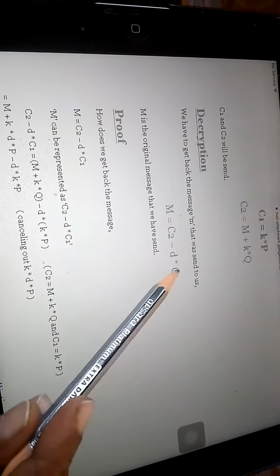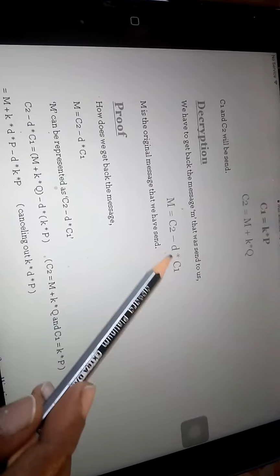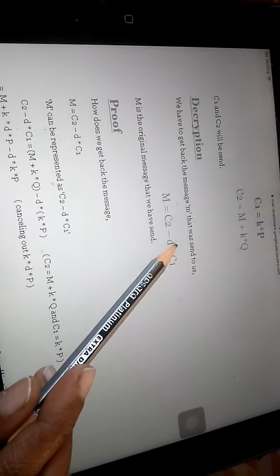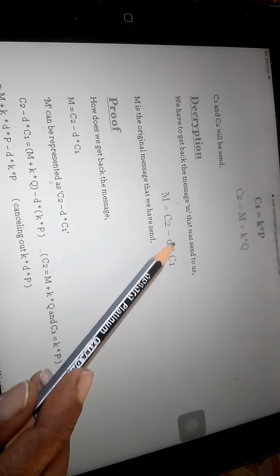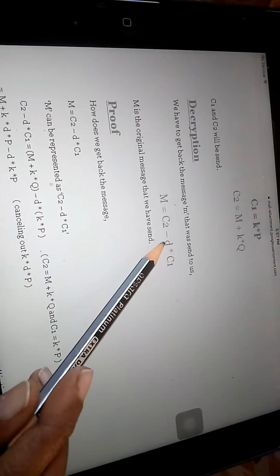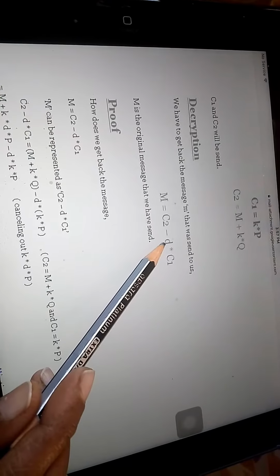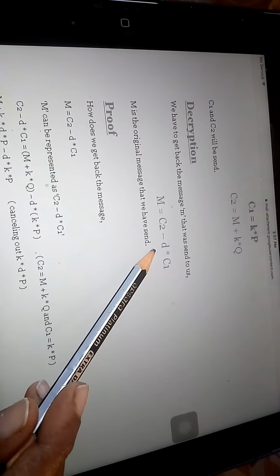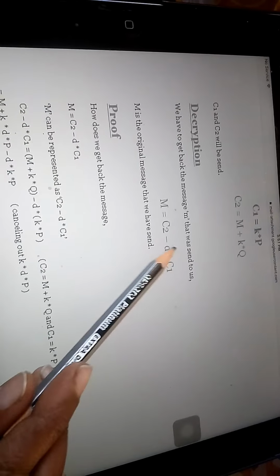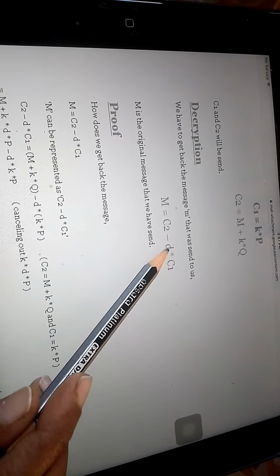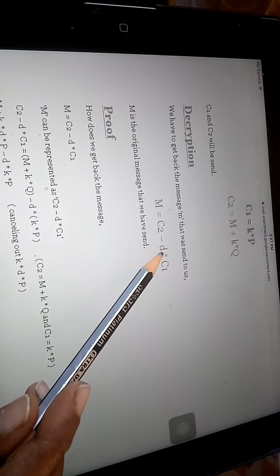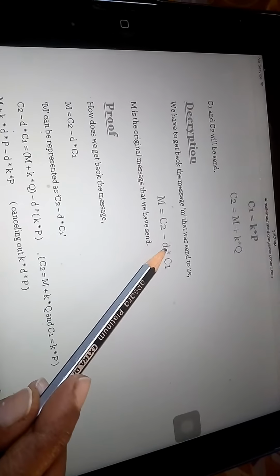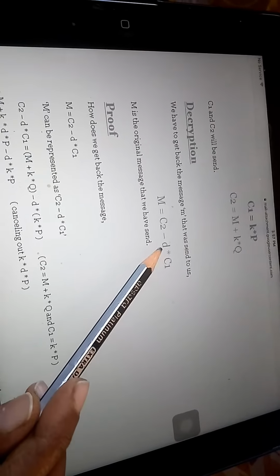We know D is our private key. Initially we discussed what D is: before starting encryption and decryption, the first process was key generation, and in the key generation process we selected this random value D, which is your private key. So D is nothing but your private key.